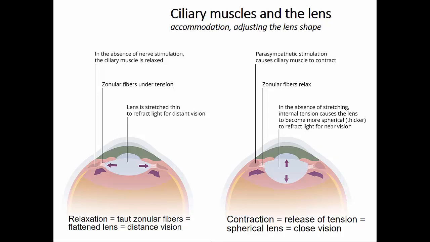And as it becomes more spherical, it moves the focal point further anteriorly so that we can actually create an image on the retina. And this entire process is called accommodation. And like with many bodily functions and processes, by the time you reach the age of about 40, the ability of your lens to change its shape becomes more and more restricted.